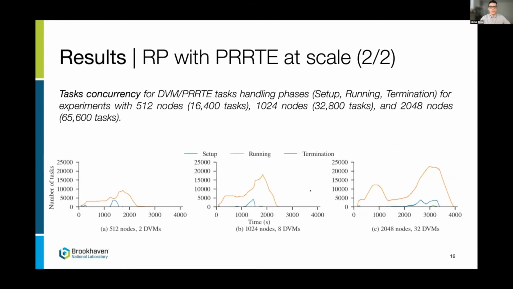Another plot that we use for analysis tries to show how many tasks were concurrently within the DVM PRRTE handling phases. This shows all these tasks when they were already placed into the DVM PRRTE, and there are 3 stages inside of it: setup, running, and termination.